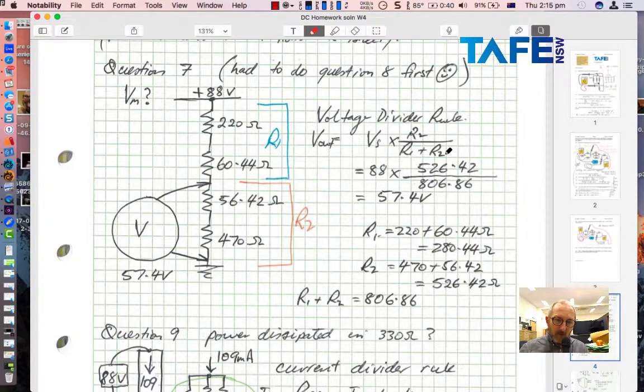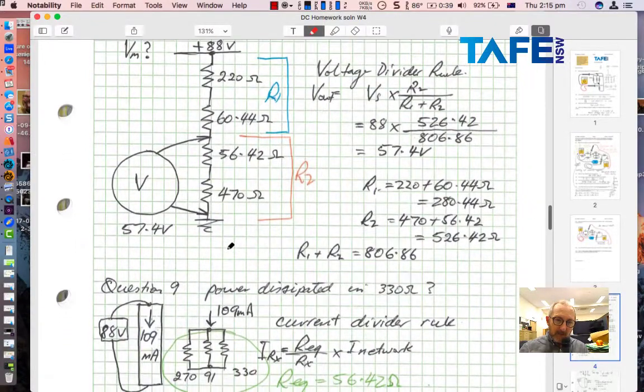Divided by R1 plus R2, so it's a ratio. The sum of all of the resistors is the denominator, multiplied by R2, which is what we're getting the voltage across here on the bottom. I had to work out what R1 and R2 were by adding these groups of resistors together, and that gave me these 2 values. And then I was able to use those in the equation to get 57.4 volts.